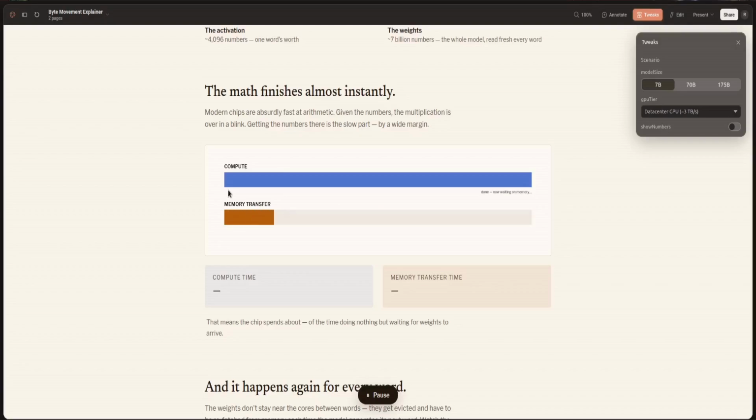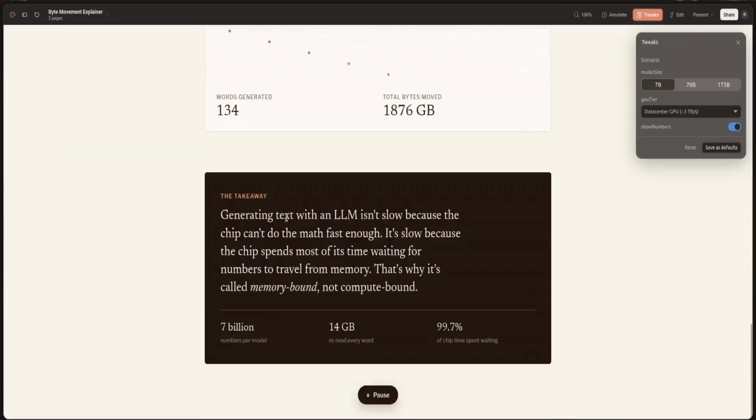So you can imagine that for all the tokens, for all of the text that you generate, for the next token, and then for a 7 billion model, it has to fetch 40 gigabytes of data for every word.